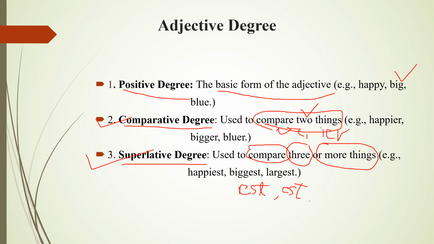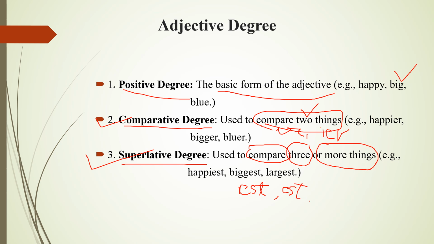In superlative degree, the comparison is among three or more than three things. It is generally made by using EST after the positive degree of adjective.